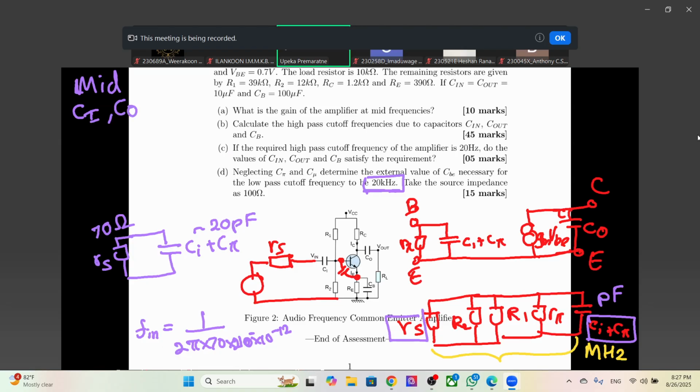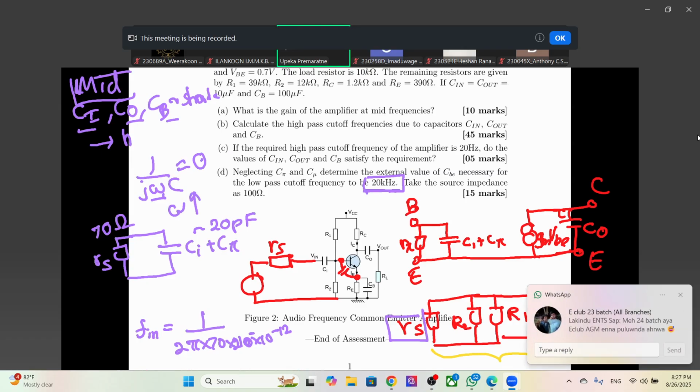So CI, CO and CB will all be considered short circuits in the mid-band frequency range. When we go to high frequency, these are anyway short circuits, because the reactance of a capacitor is 1 over omega C. If it is approximately 0 at mid-band frequencies, when omega increases even further it gets even lower.